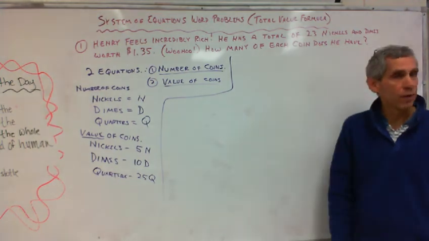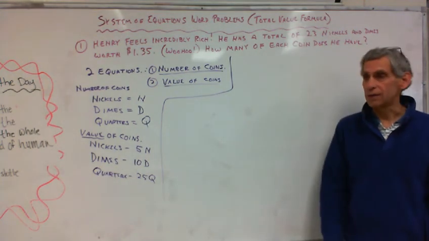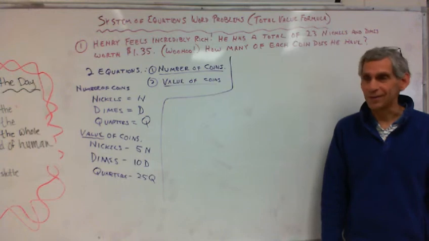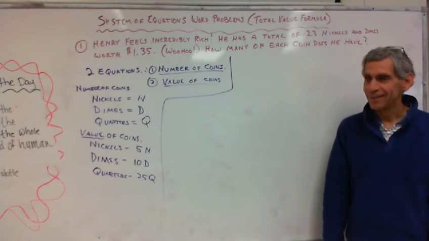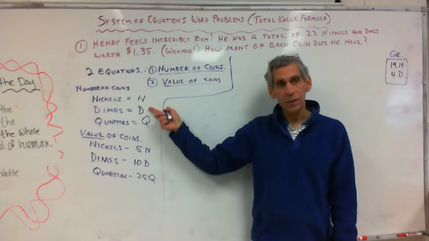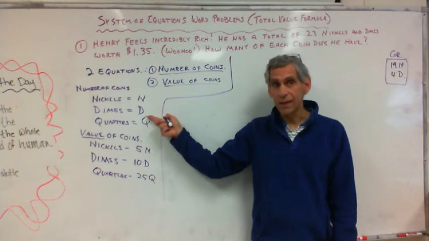So now, what would you write? Yes, Aiden. You're making it way harder, you guys. What does N stand for? It stands for the number of nickels. D stands for the number of dimes, and we don't know what they are. But we do know that all together they equal what?